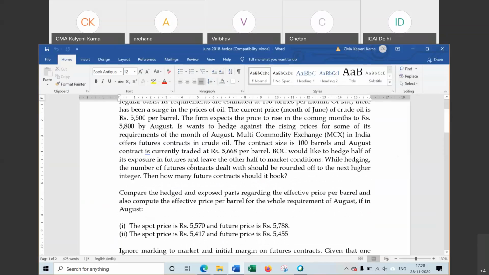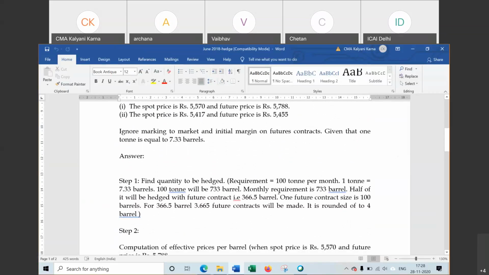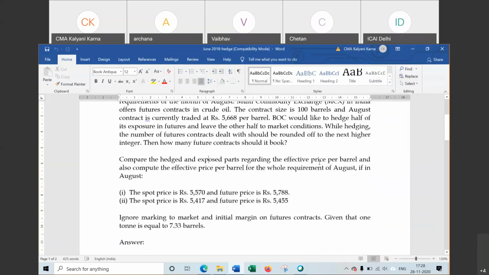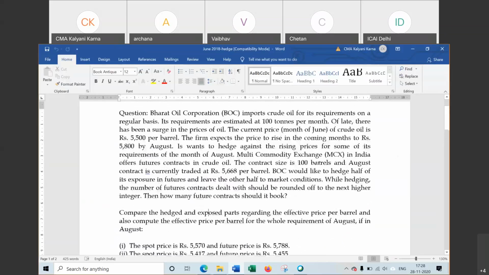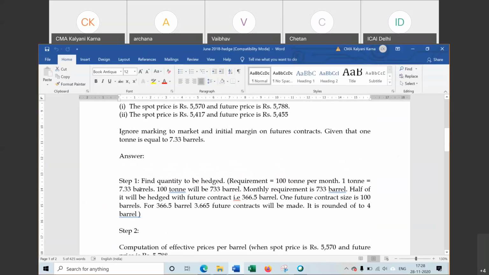Now the requirement is only half hedged. All the requirement is not hedged, only half of the requirement is hedged by the company. So first we have to find the requirement. How to find it? Find the quantity to be hedged. The question says requirement is 100 ton per month. 1 ton is equal to 7.33 barrel.